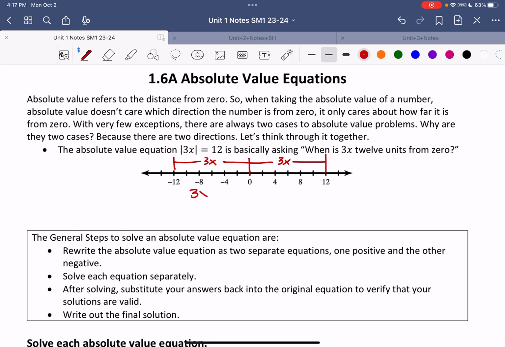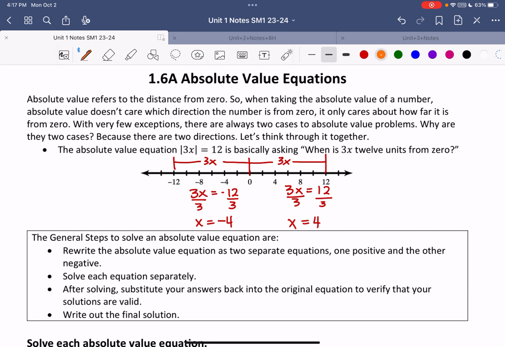So we would set 3x equal to negative 12 and 3x equal to positive 12. Solve both of those equations separately. So x equals negative 4 or x equals positive 4 to account for those two different cases.